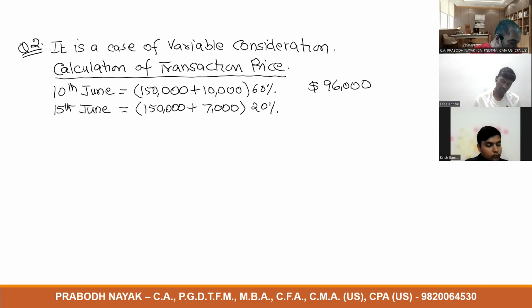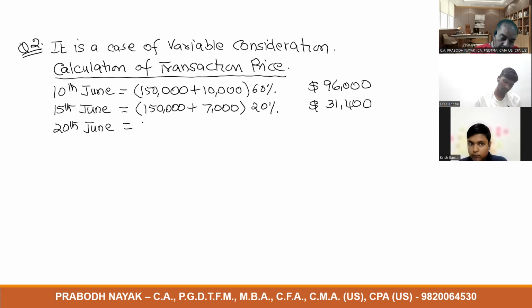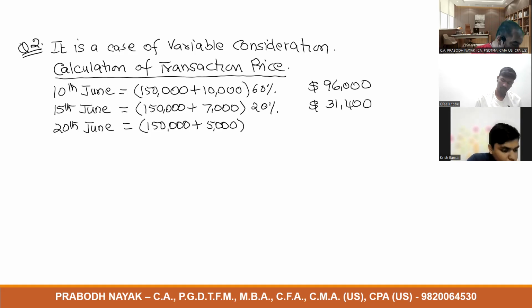So 157 into 20, 31,400. If it is on 20th of June, it is 150 plus 5. It's 155.